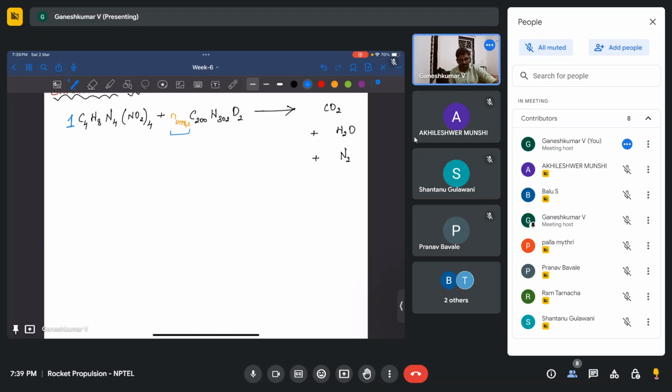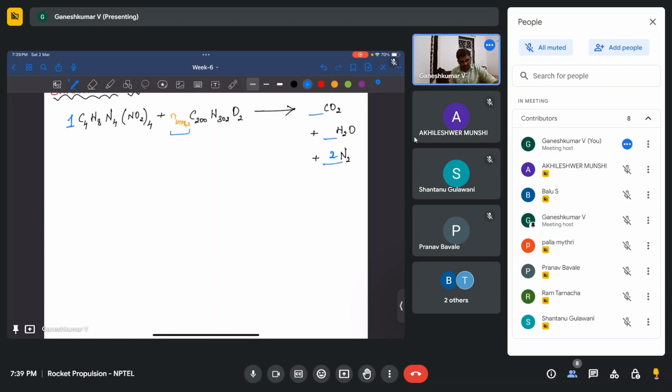That is one of the aims. So we can easily do N2. This is going to be 2 N2 for 1 mole of HMX.